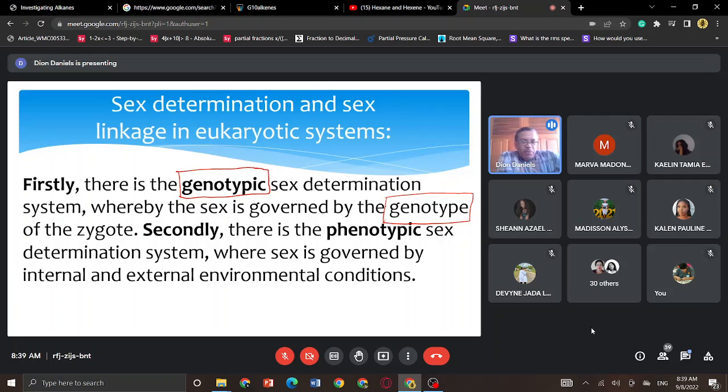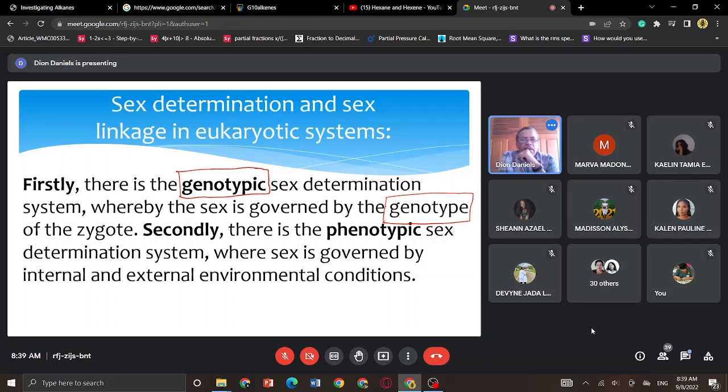So all these things would play a key role in determining the sex of an organism. So the genotype, which is the genetic makeup of an organism, would determine whether it's male or female. So in the case of human beings, yes, our sex is determined with the genotypic sex determination system, and we'll get to that in just a few.